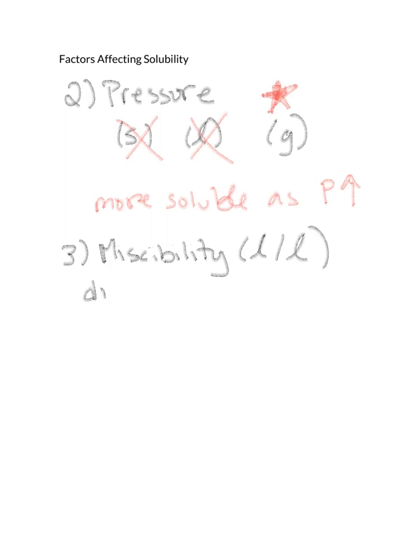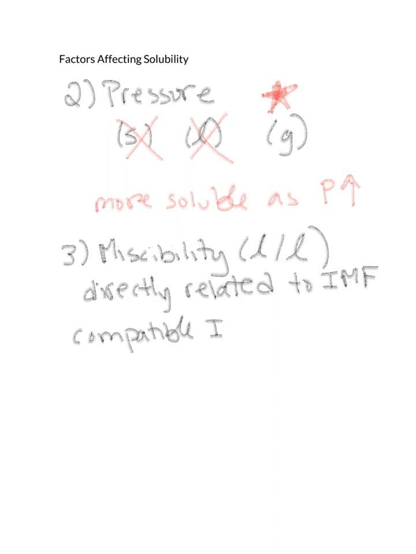And it's directly related to IMF, to intermolecular forces. So this actually brings us full circle to what we talked about back at the beginning. Things that have compatible intermolecular forces tend to have high solubility.